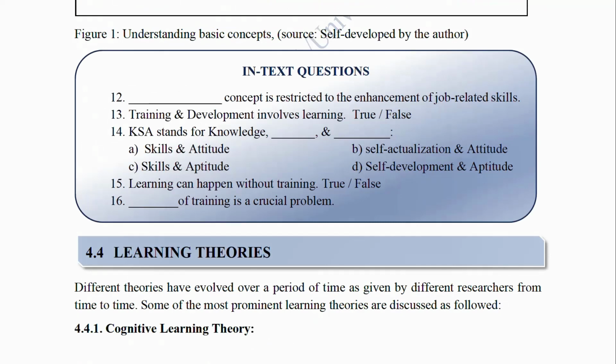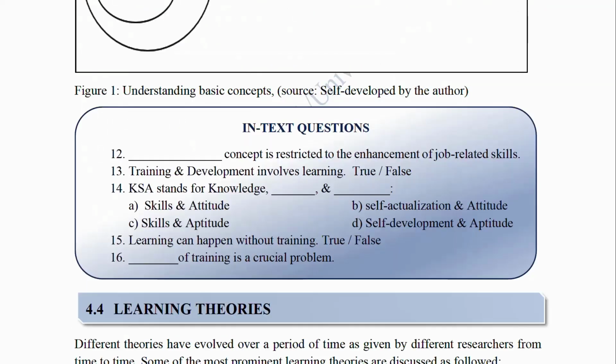In-text questions. First, dash concept is restricted to the enhancement of job-related skills. Second, training and development involve learning, true or false. Third, KSA stands for knowledge, dash and dash.